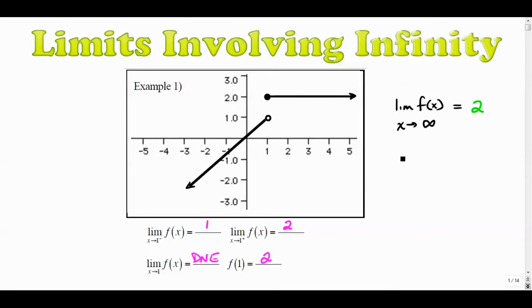If I ask you what's the limit of the function as x approaches negative infinity, so we're talking this way now. As the x values get really small, the graph goes down infinitely. So it's going to decrease forever, which means it's going to approach negative infinity.